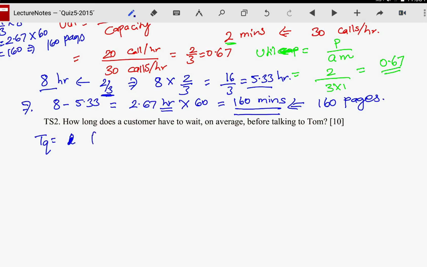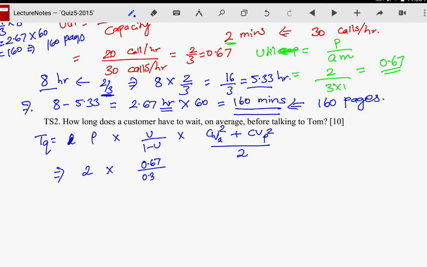TQ equals P times U over 1 minus U times CVA square plus CVP square divided by 2.